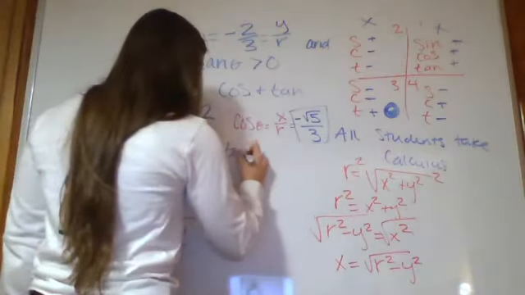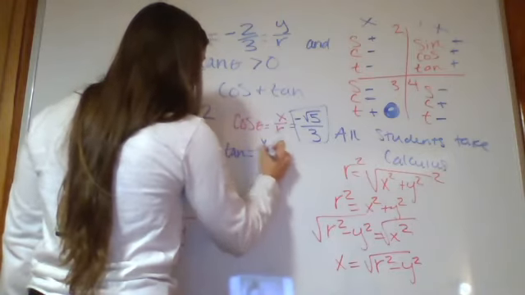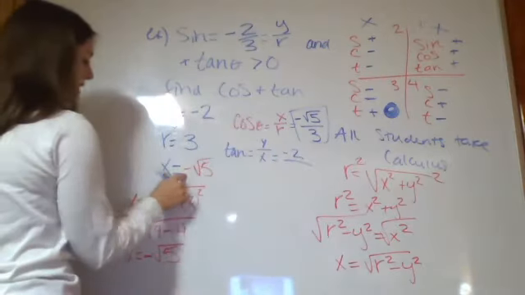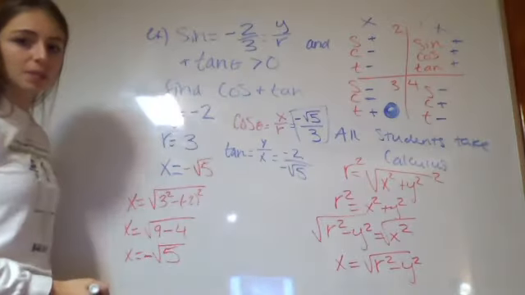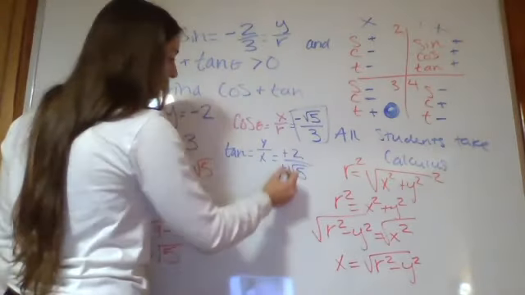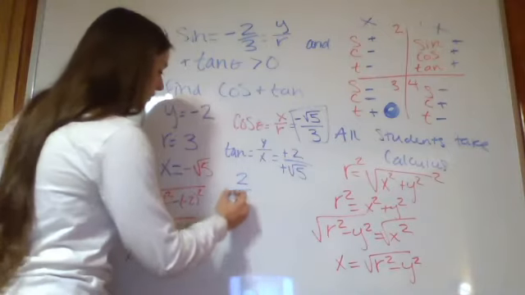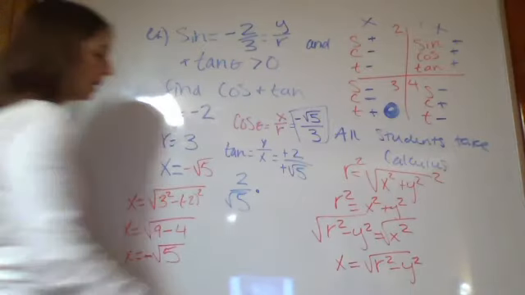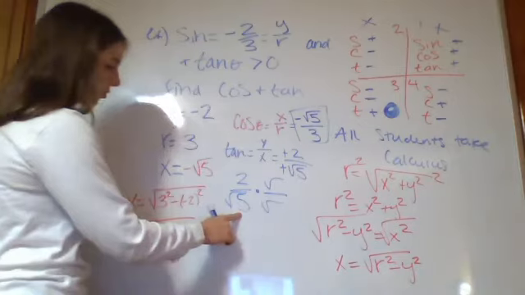But tangent equals y over x. So y is -2, my x is negative root 5. First thing I see is my negative cancels out with my negative. So I'm getting 2 over root 5. However, I need to rationalize my denominator, meaning multiply by a funny looking 1 that gets rid of this root 5.